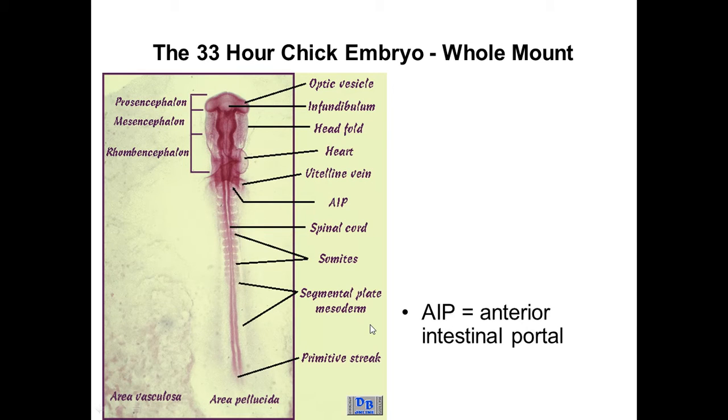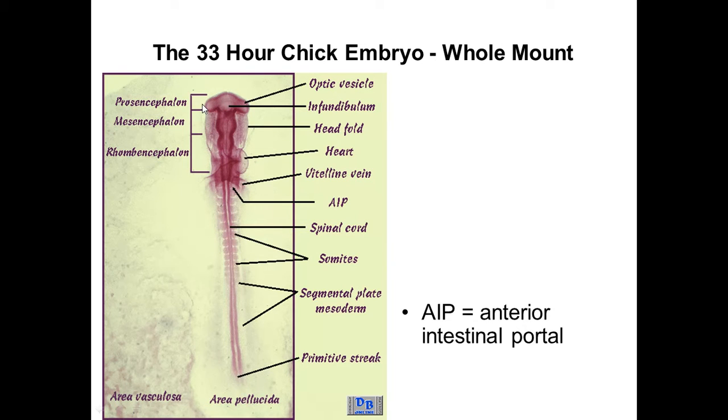structures of the brain. So you're seeing here the three major parts of the brain: the prosencephalon, the mesencephalon, and the rhombencephalon. Your prosencephalon is said to be the forebrain region of the animal, where you can see the optic vesicles emanating from the prosencephalon.